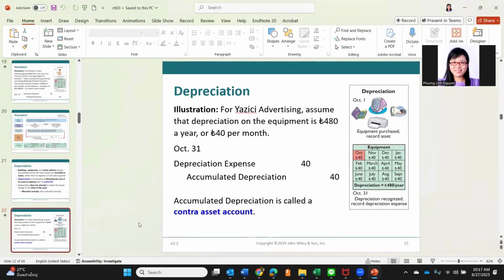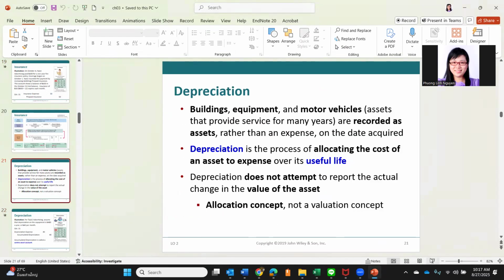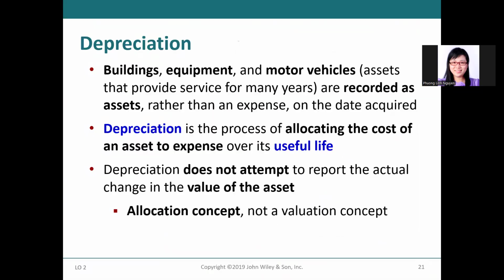You know that whenever we use some building, equipment, motor vehicles, those assets, we call it land, property, and equipment. So these are assets, and the value of the assets will not be the same after you use it. The value of the assets will go down because of the depreciation.